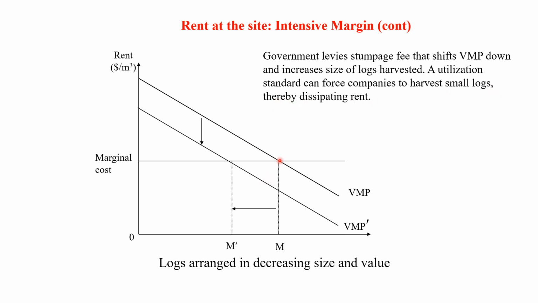In other words, the amount they get for the logs they harvest between M prime and M is going to be less than the cost of harvesting. So they're going to lose this triangle, basically. In other words, the utilization standard no longer collects the rent, but it collects the quasi-rent, the producer surplus, and it makes companies less apt to invest in these properties.